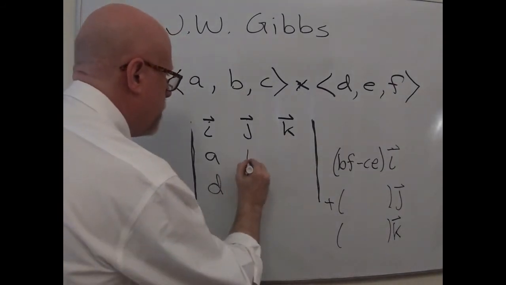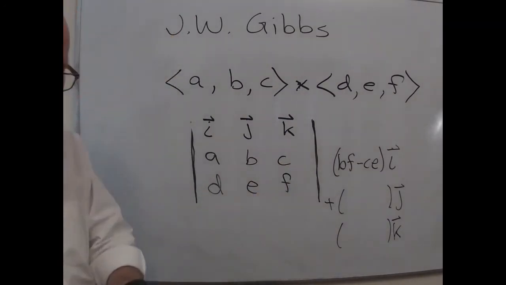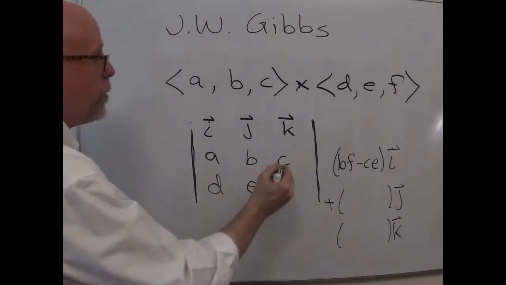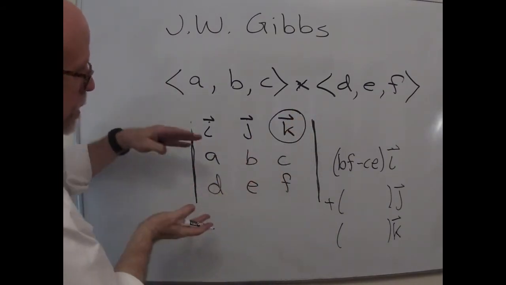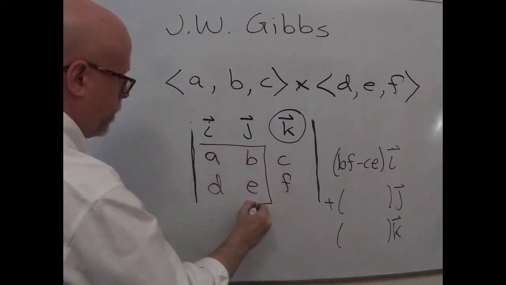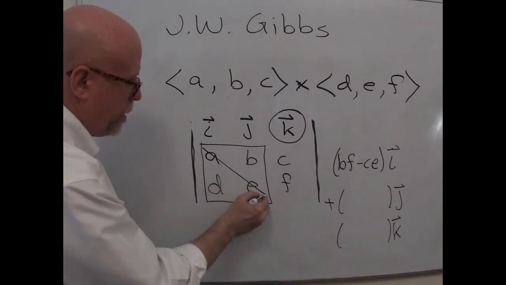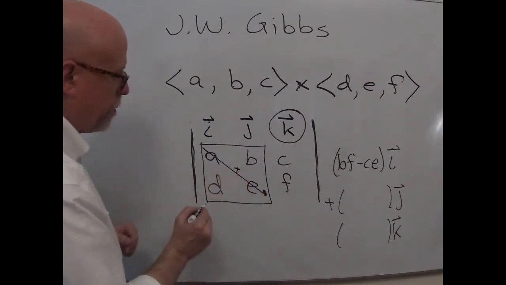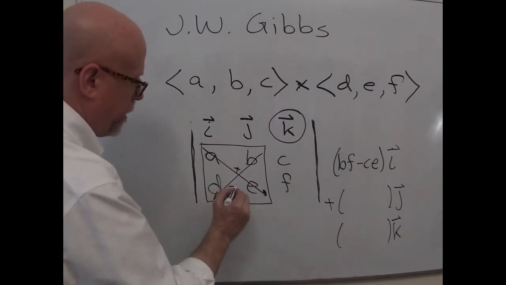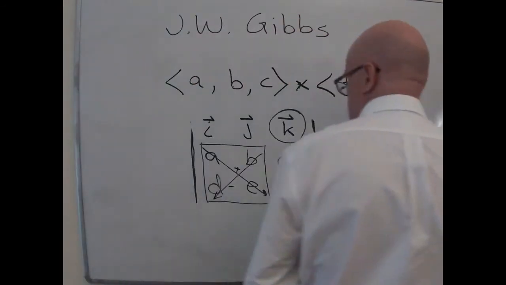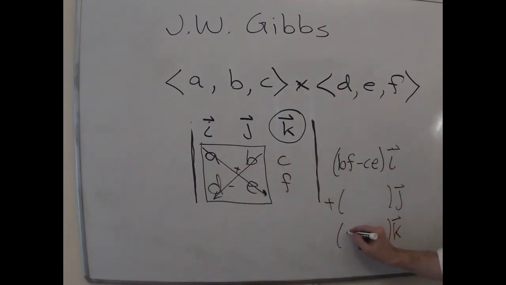This was B and C, and this was E and F. So now, when I do K, I circle K, and I look at the other 2 columns and the other 2 rows. That is, I look at these 4 numbers. And just like before, in this direction we'll be taking a product and counting it as positive, and this way, negative. So it's AE minus BD.